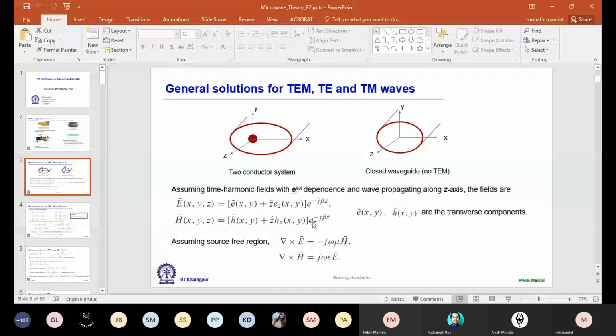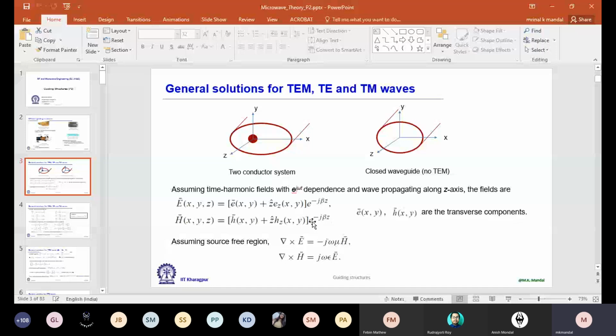Now let us consider two curl equations, curl H and curl E. So curl H is equal to J plus del D by del t, and we are considering time harmonic fields represented by e to the power j omega t.